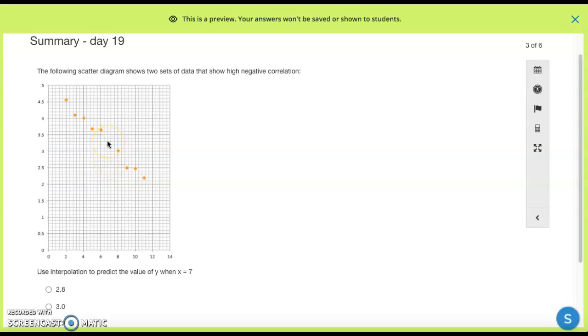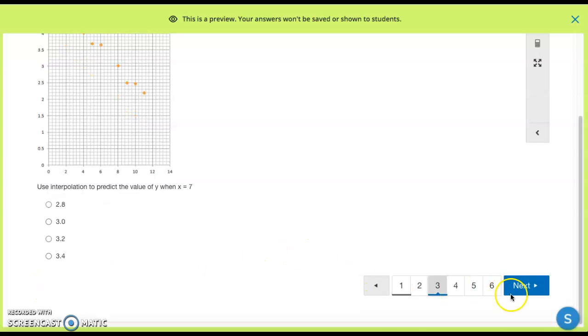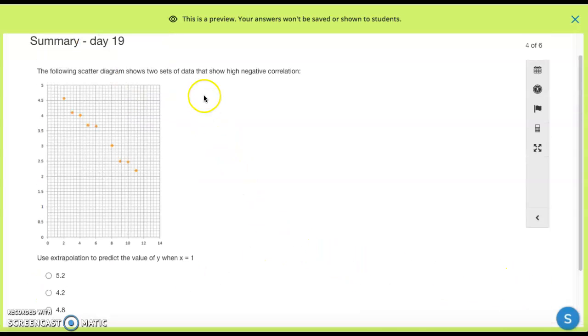Somewhere in here. 3.3 or 3.2? 3.4? 3.2. I'm thinking it's 3.4. Guys, again, it's one of those two. You line it up and see what you think.